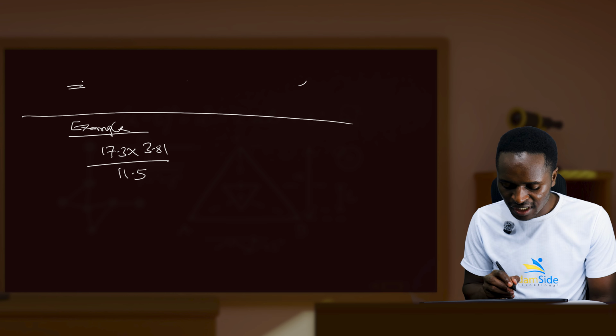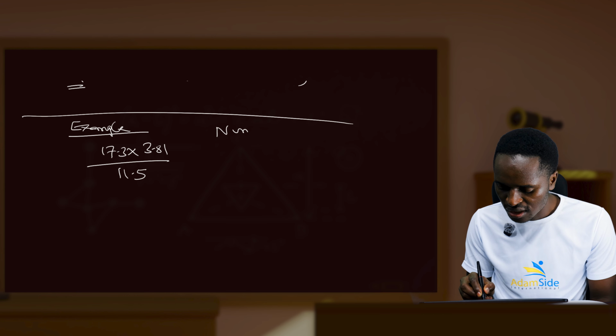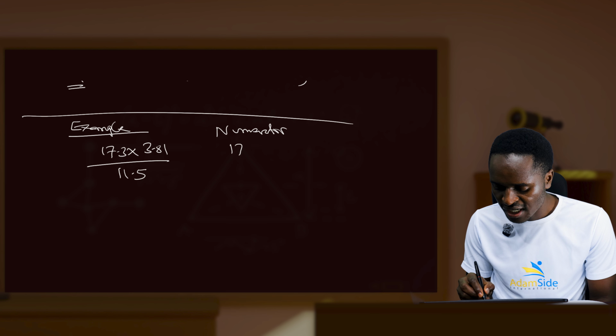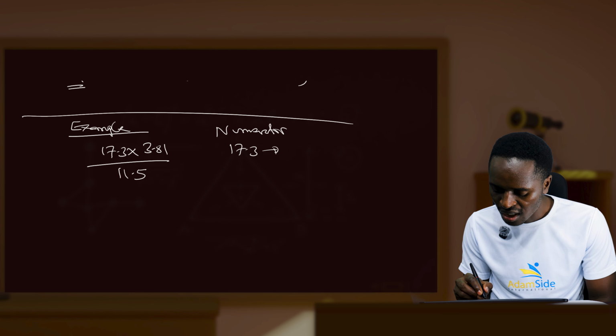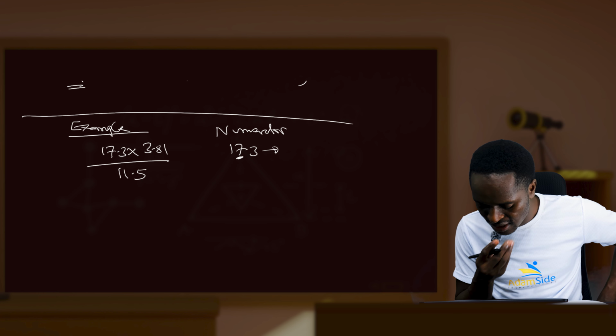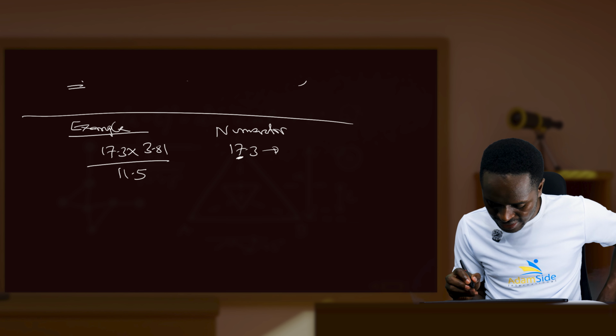So if you are going to convert each number, let's start with the numerator. We know the numerator is the top number in a fraction. So we have 17.3. If we round off to one significant figure, obviously we'll consider this digit here in the ones. It's higher than 5.